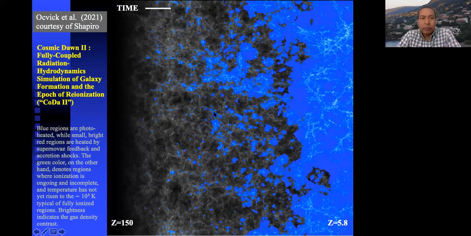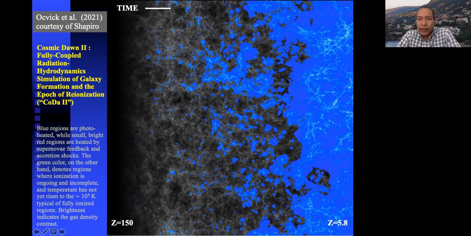This is simulations of the reionization epoch, where what you're looking at is time going from left to right, earlier time left, later time right, redshift, of course, going in the opposite direction, high redshift left, low redshift right.